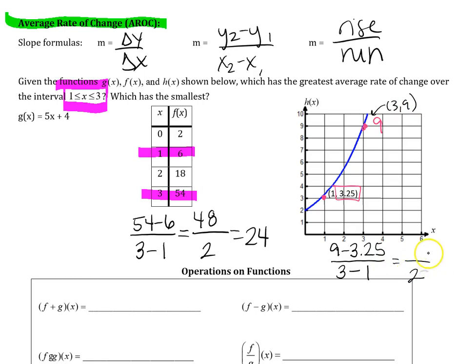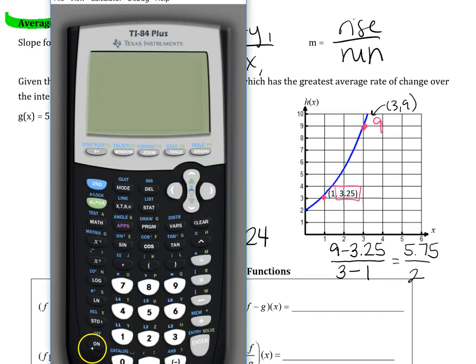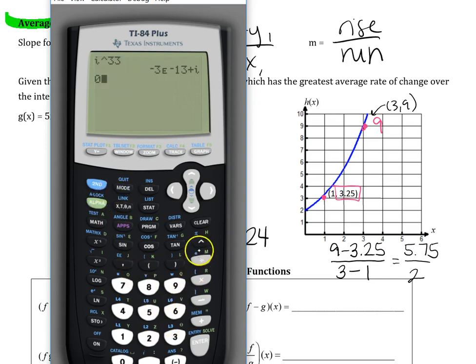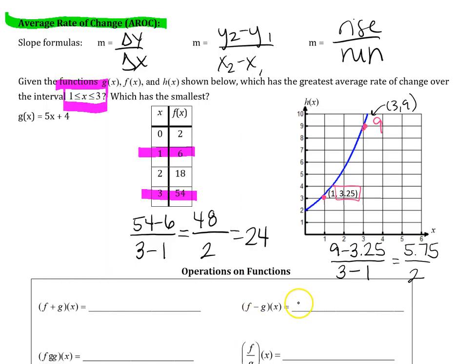Denominator's 2. 9 minus 3 is 6, but take away another 0.5 would be 5.75. So 5.75 divided by 2. Okay, so 2.875. Okay, so that's one average rate of change.